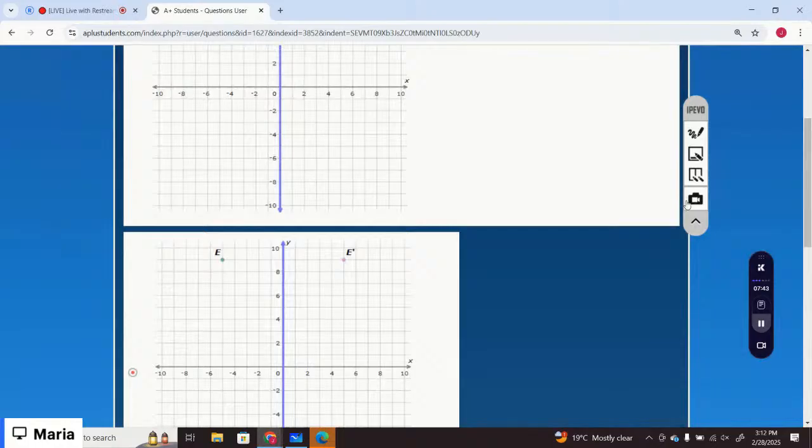Here is E, that is 5 points on the left of the y-axis, right? So the reflected point would be 5 points right of the y-axis.